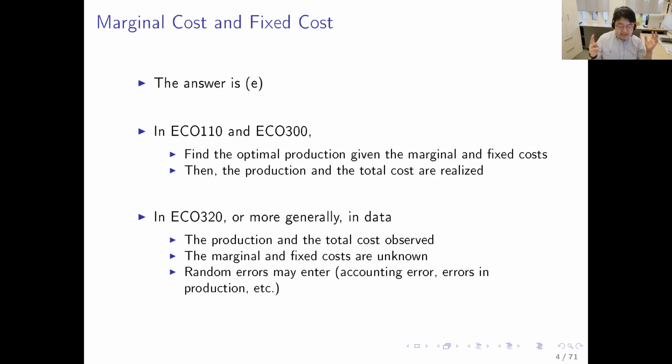Even Tim Cook does not know the exact fixed cost and marginal cost. Maybe he will need to estimate it based on data. He would have more data than we have, but that's what we are going to do in data work in general.